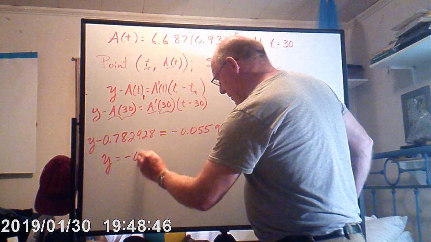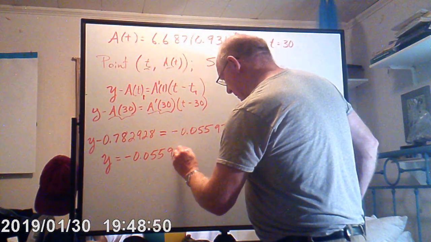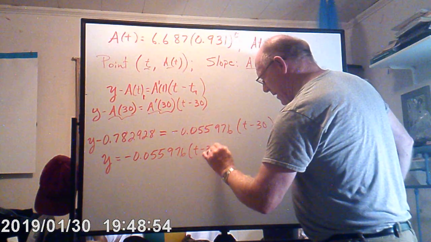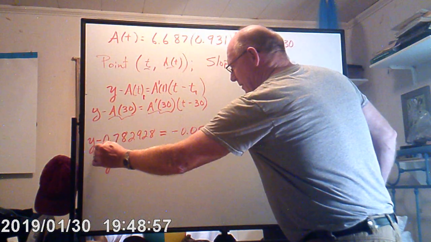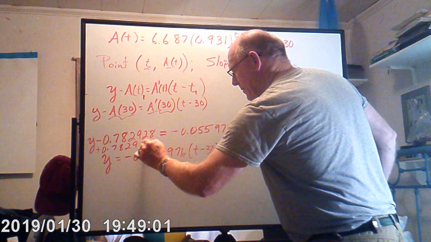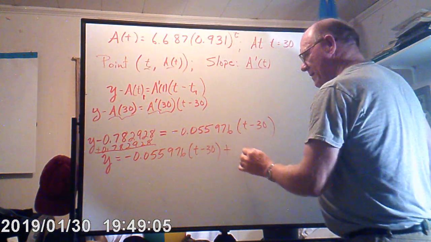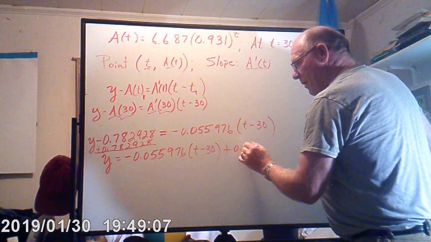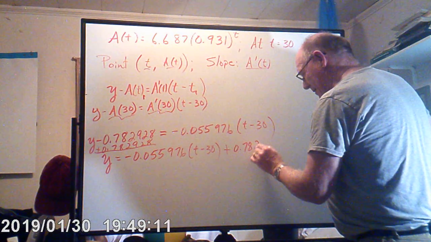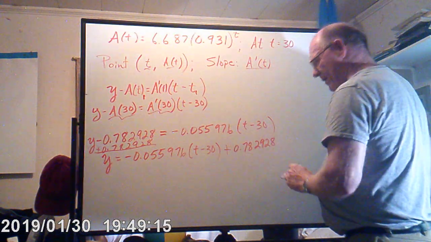So negative 0.055976 times t minus 30, and of course bringing this to the other side, plus 0.782928.